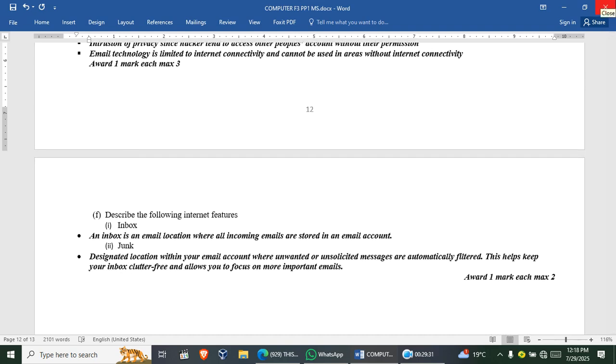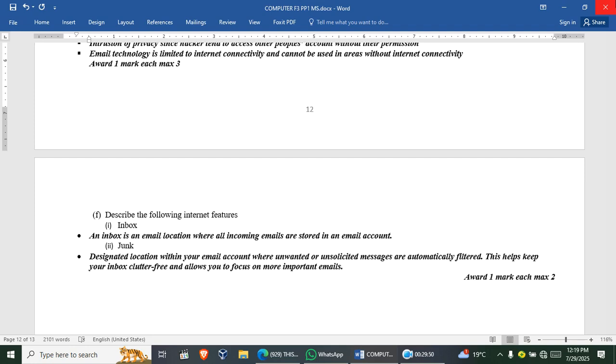Describe the following internet features, or we can talk about email account parts. We have inbox, junk. When we talk about inbox, these are the incoming messages. This is a folder that contains incoming emails. Then we have junk.